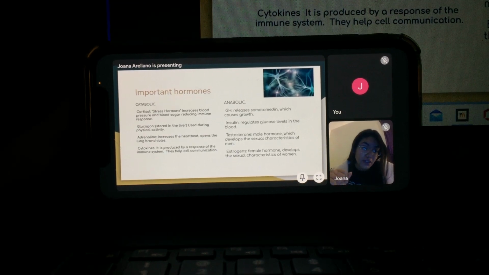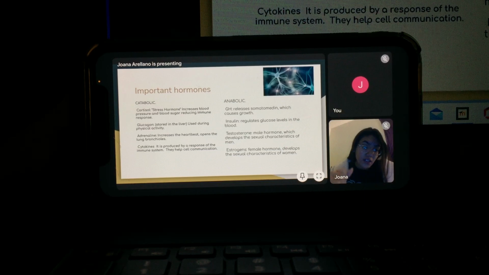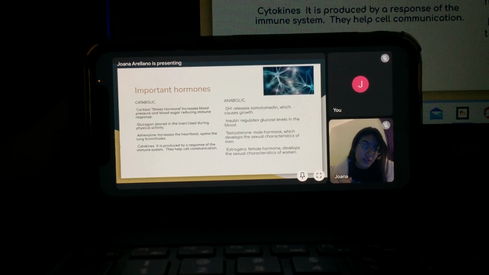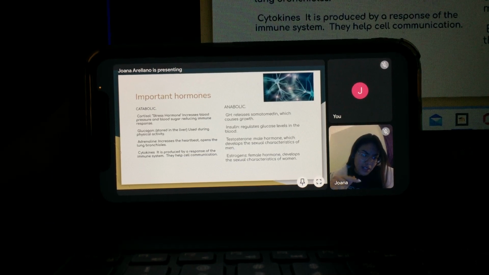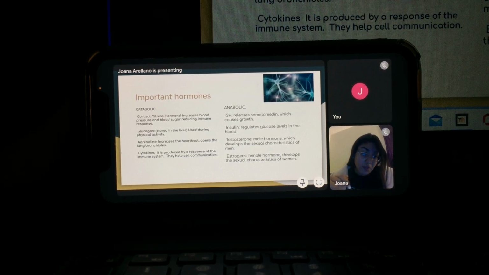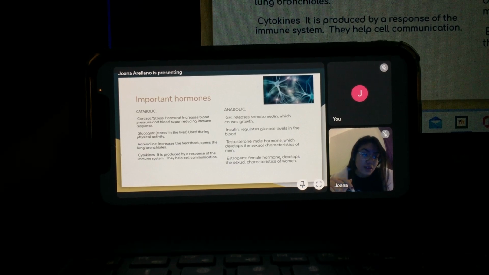The glucagon is used during physical activity. Adrenaline increases the heartbeat, and the cytokines are produced by a response of the immune system.